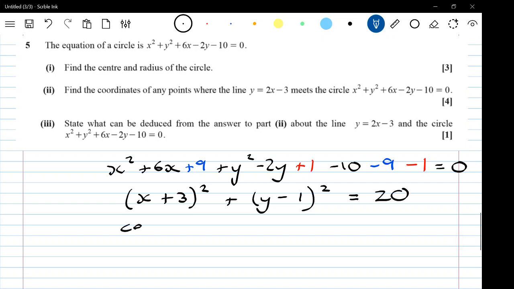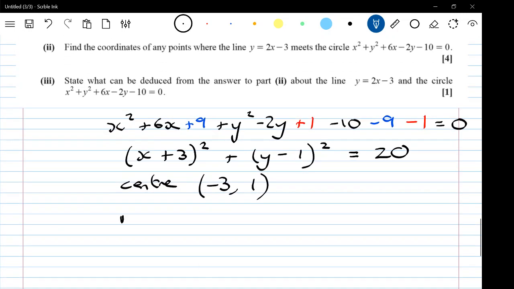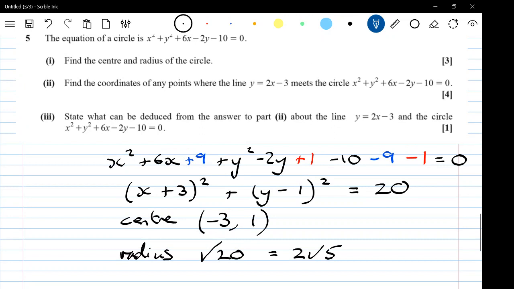So the centre is the point minus 3, 1, and the radius squared is 20, so the radius is root 20, or 2 root 5. That's 2 root 5, isn't it? There we go, and that was 3 marks for that.